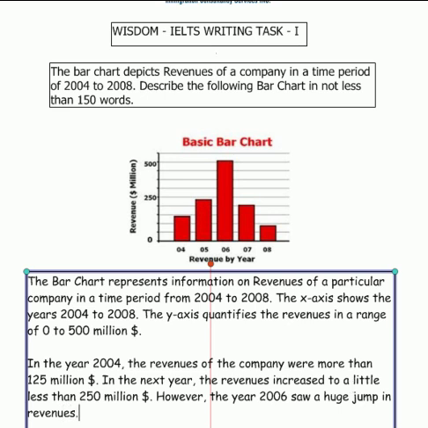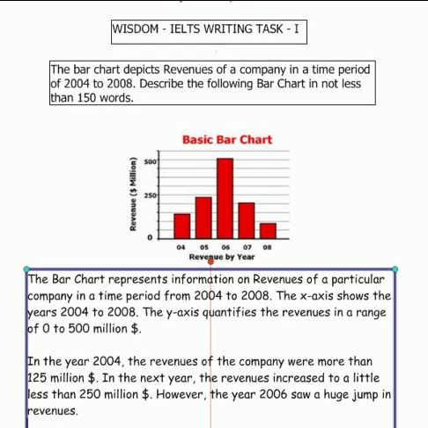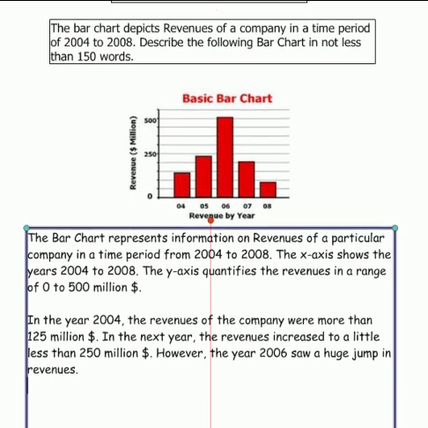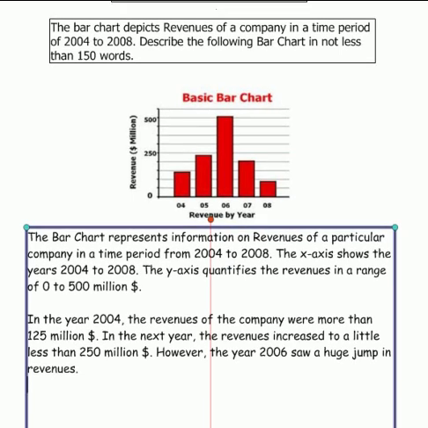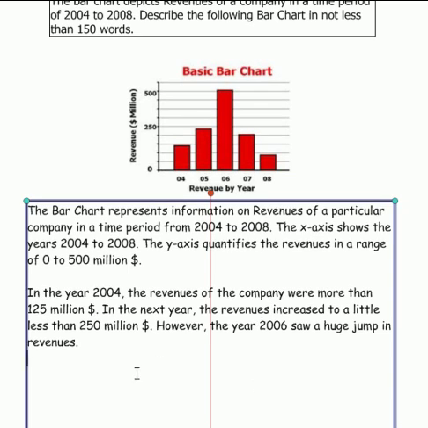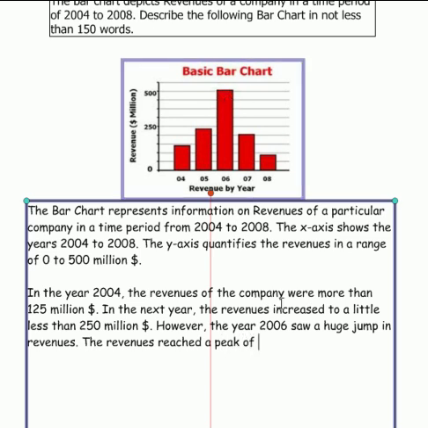So you can easily see from the graph that in year 2006 there was an increased number that we can see in the revenues of the company. So we will go ahead and write that down. The revenues reached a peak of, peak means the highest point, $500 million, if we can see over here in 2006.